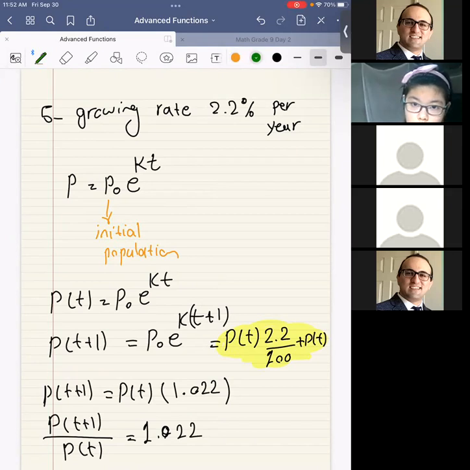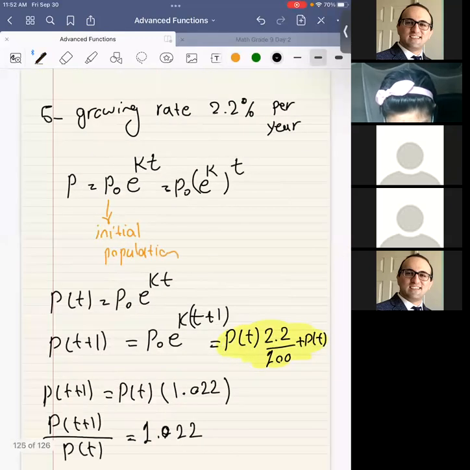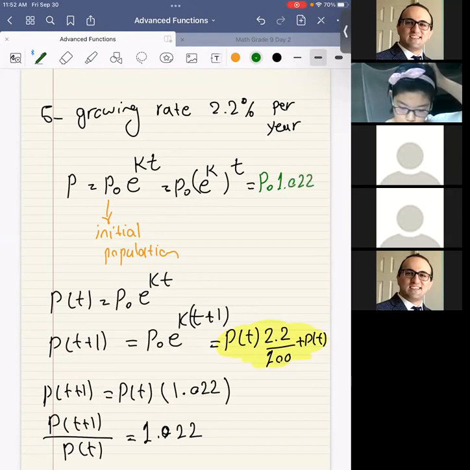So I can use this to rewrite the original equation, because P is P0 e to the power kt, and e to the power kt is e to the power k, to the power t. And I just saw that e to the power k is 1.022. So this is equal to P0 times 1.022 to the power t.